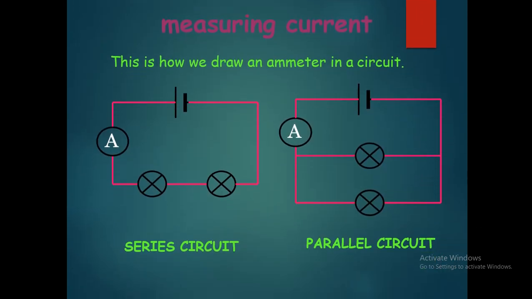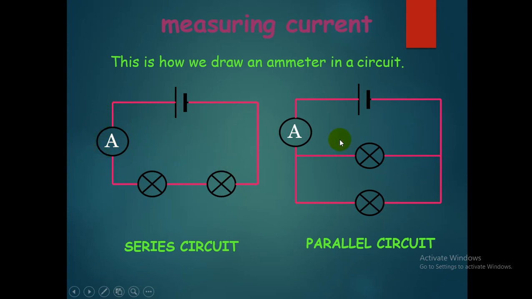Measuring current. Let us see one example. Here, this is a series circuit. This is a parallel circuit. Suppose two bulbs are connected in series manner. To know how much current is flowing through the circuit, it is measured by using one ammeter here.